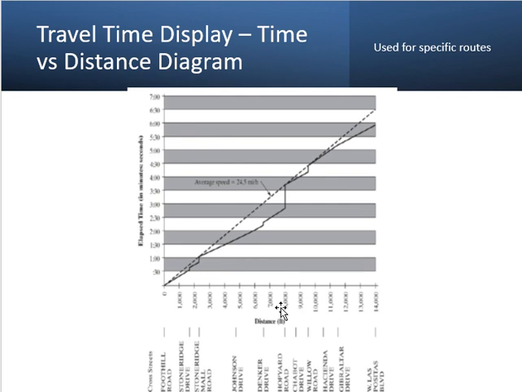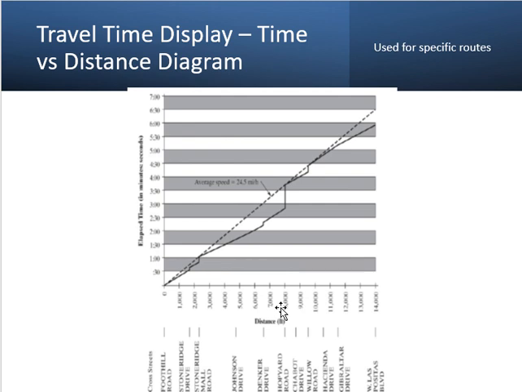In 30 seconds the car reached this much distance. In 1 minute the car reached this much distance, and you are noting it down. Once the run is done, you plot these points and you will get something like this. Clear?